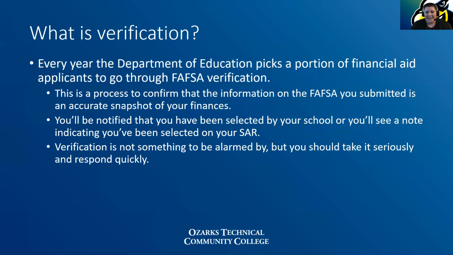So you'll get that heads up, and then the school is actually going to tell you what documentation is needed to complete verification. It depends on the student situation what is needed. It may be as simple as providing tax returns or a tax return transcript from the IRS. You may also have to provide additional information about your household.